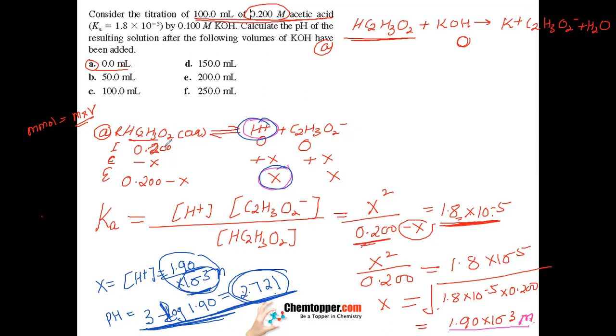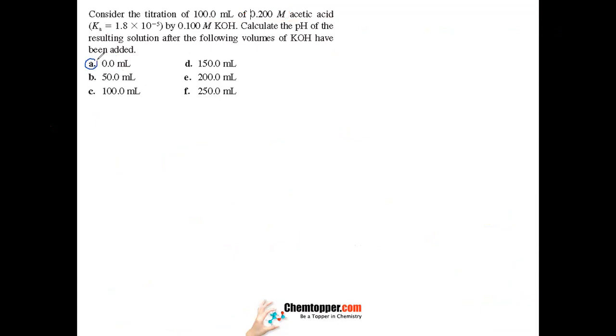Okay, good. So when we didn't add any base, how to determine the pH? pH is determined by making an ICE table for the weak acid, because only that weak acid is controlling the pH. And we calculated the pH, so I'm going to erase this because I need space. So at the A point, pH is controlled by the weak acid ICE table.